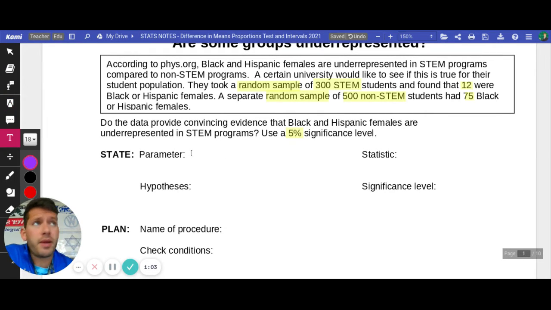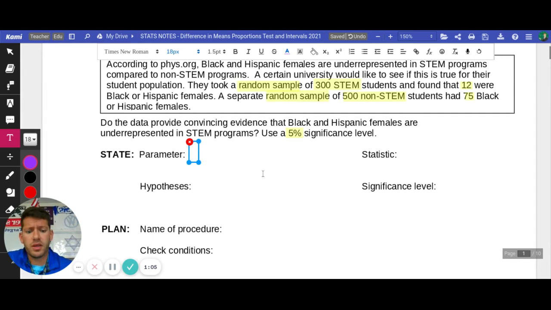Our parameter here is going to be these two proportions. We have 12 out of 300 and 75 out of 500. We want to see, is there a difference? What's the true difference?